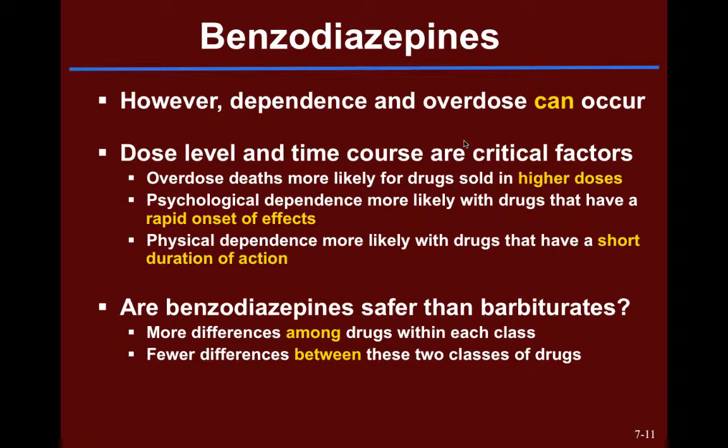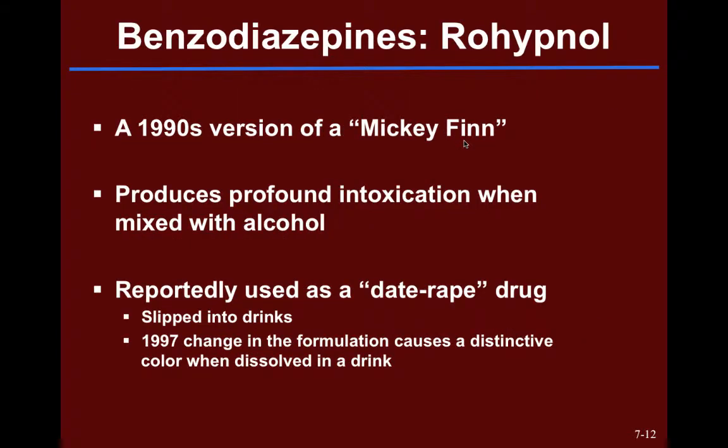So one benzodiazepine that people in college tend to be familiar with is Rohypnol or roofies. So we talked about that idea of a Mickey Finn, something that could be added to a drink in a bar. And this is one that we saw begin to become used in that setting in the 1990s. So Rohypnol is a depressant, and when mixed with alcohol, it has a multiplicative effect. So it causes very profound intoxication.